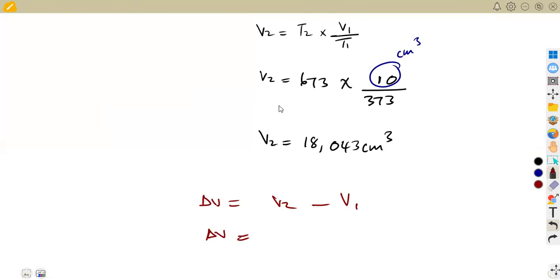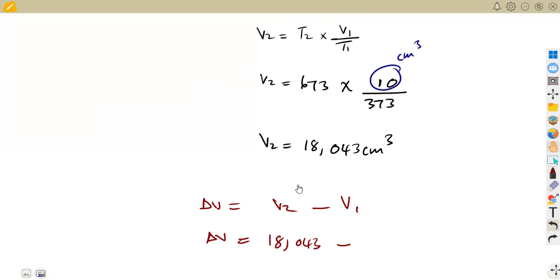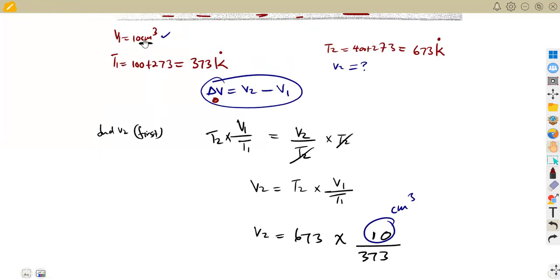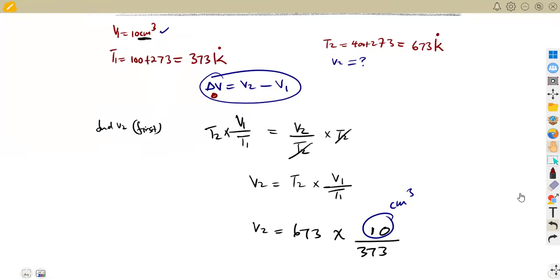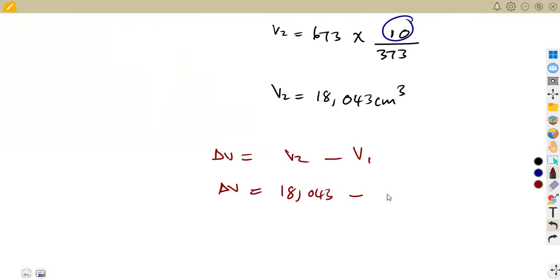So now that we have our V2, just a substitution, we got our V2 18,043 minus V1. Remember our initial volume where we started from, it was 10 cubic centimeters. So cubic centimeters, these two can be subtracted for the change in volume. And that was going to give us 8,043 in cubic centimeters also.